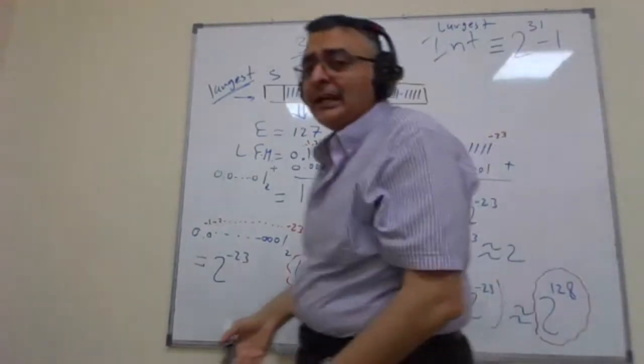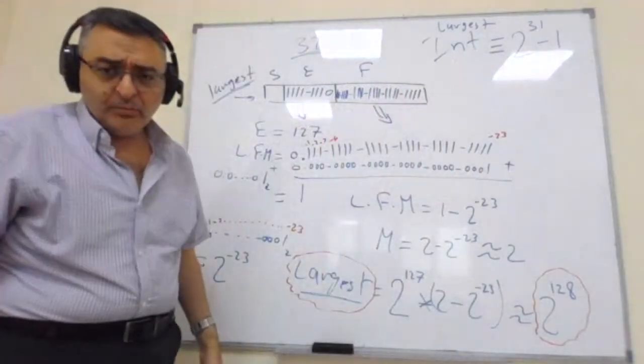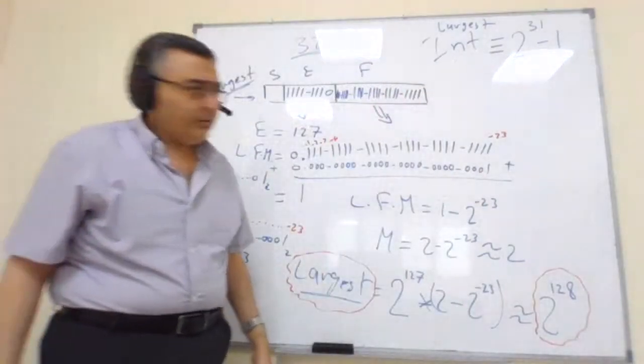Even لو أنا بتكلم على unsigned numbers هتبقى 2 to the power 32 minus 1.